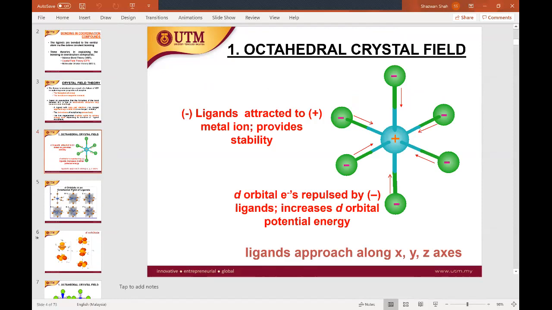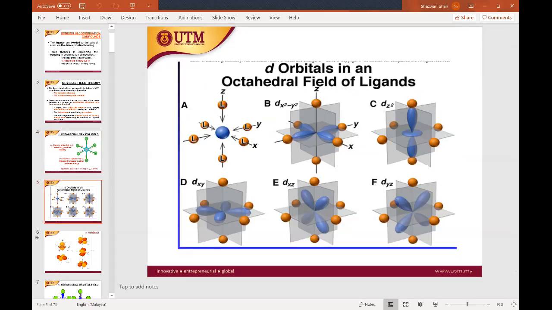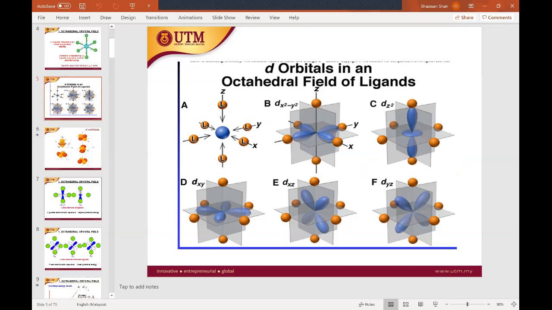Negatively charged ligand dengan positively charged metal center, so ada electrostatic attraction dan juga repulsion between the d orbital dengan ligands. So ada 5 type of d orbitals, dx square minus y square, dz square. These 2 are higher in energy for octahedral, and then 3 other types of d orbitals, xy, xz dengan yz.